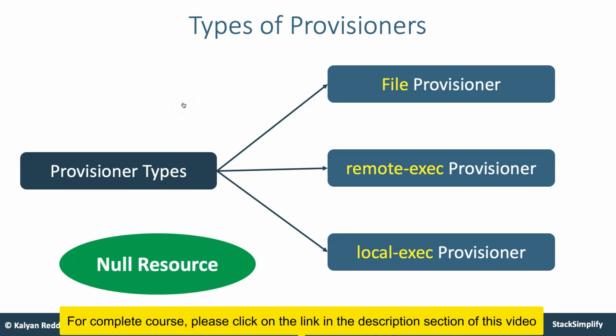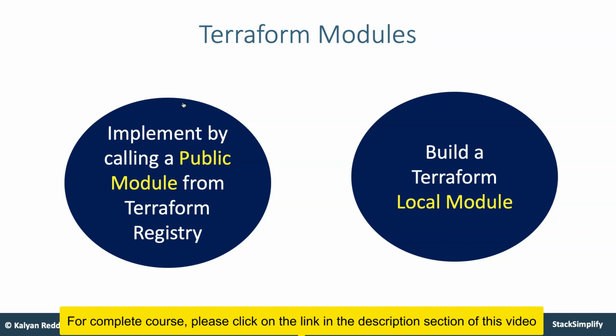Once you complete the provisioner concept, you will move on to the Terraform module concept. In Terraform modules you are going to implement two important sections. One is you will implement a simple root module by calling a public module from the Terraform Registry. Once that is done, you will get the gist of how you can use modules.